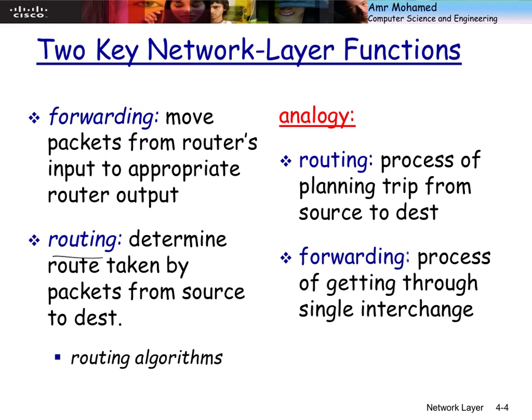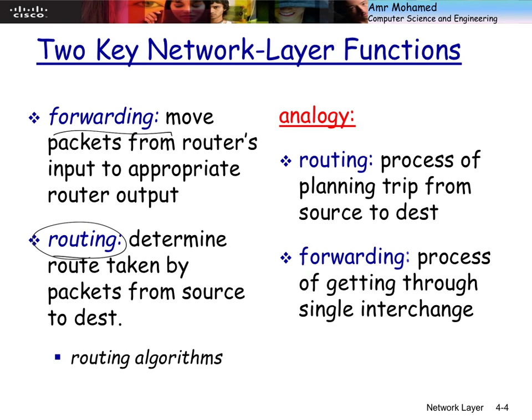This is routing. So routing is the global picture. Forwarding talks about the fact that when I get into an intersection or a roundabout, where should I go in order to stay on the path that has already been planned for me?